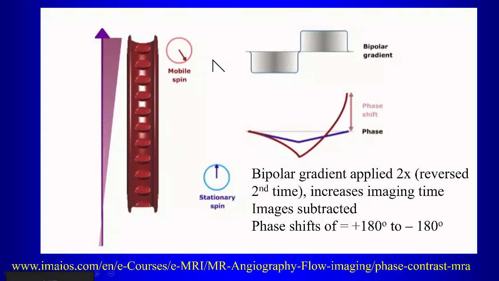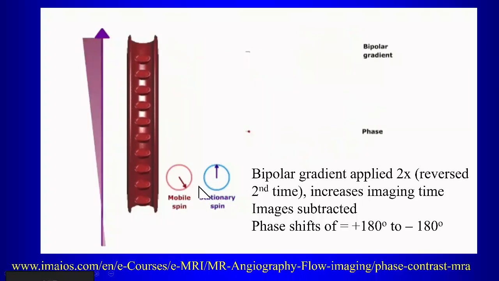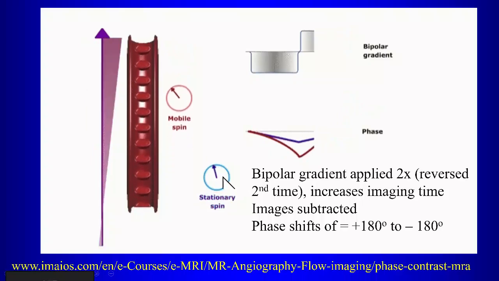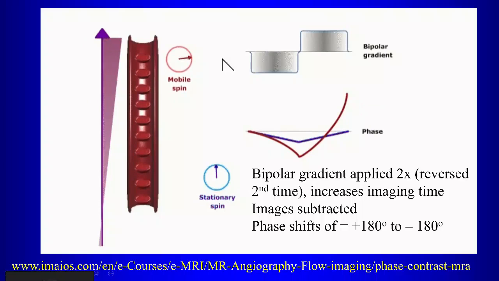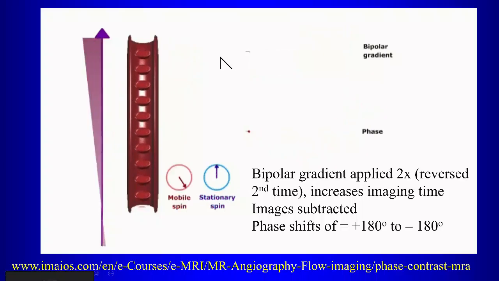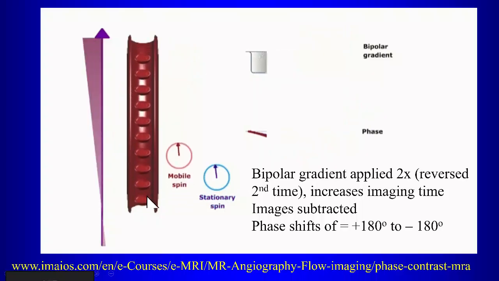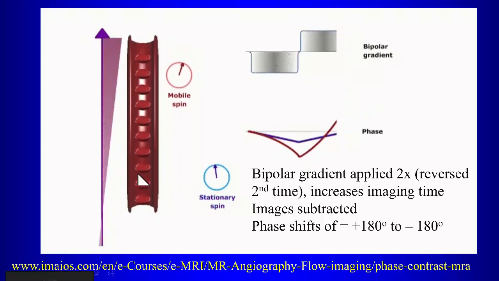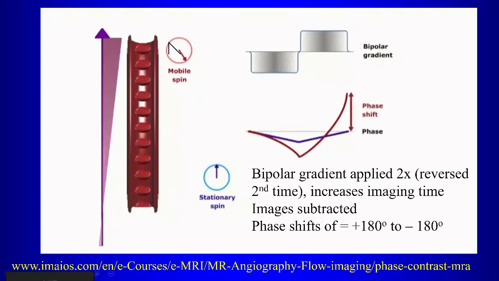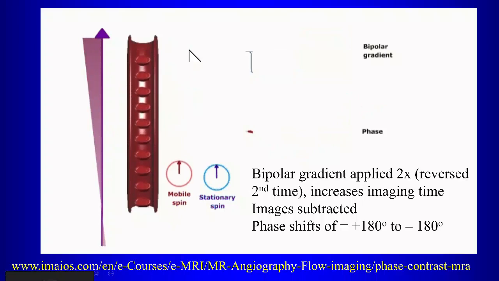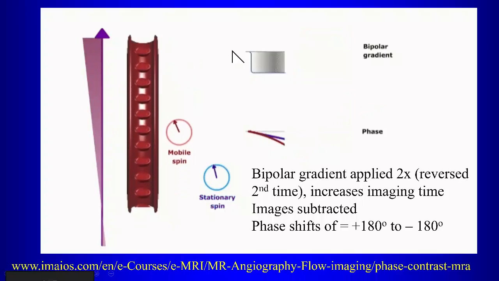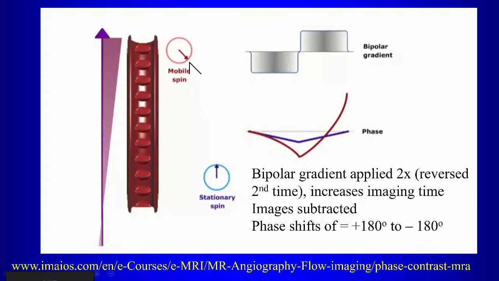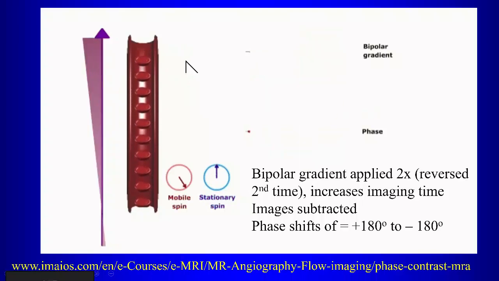So that stationary tissue, by the time we've turned on the gradients and turned off the gradients, goes back to where it started. So all the stationary tissue is in phase with itself. But this blood that is moving, because it is experiencing different strengths of this gradient as it is moving from here to here, winds up out of phase with the stationary tissue. And it is that out of phaseness of the moving blood that we're going to measure.